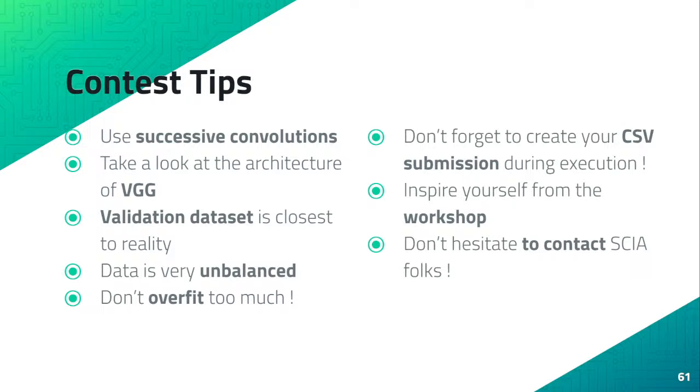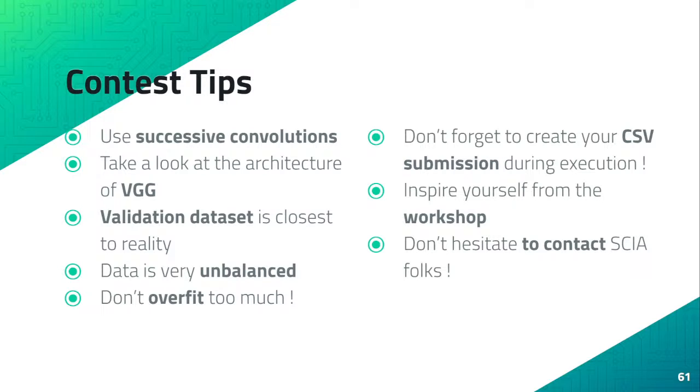The data is very unbalanced, which means many classes have more images than others. For instance, I think the desert biome doesn't have many images. So you need to find a way to balance the data so your model doesn't just forget some biomes and classify them as something else. And don't overfit, because if you overfit, you won't go very high in the leaderboards, since the leaderboards use the test dataset, which you don't have access to.